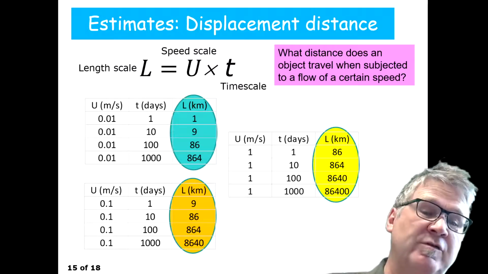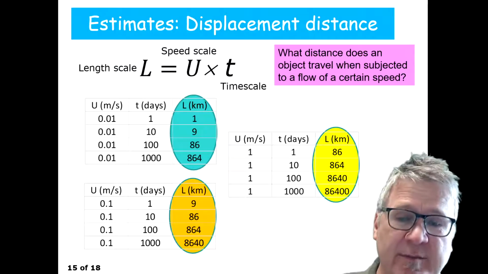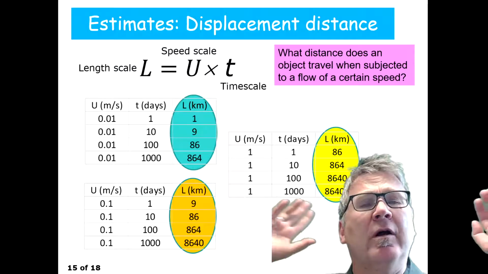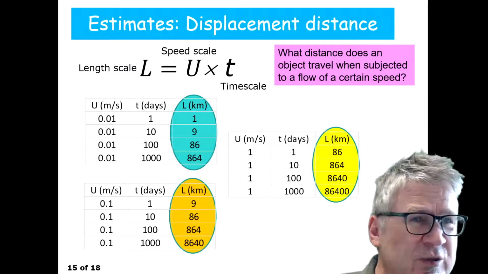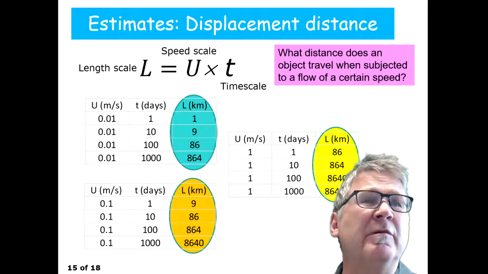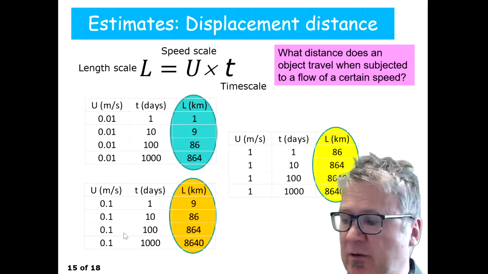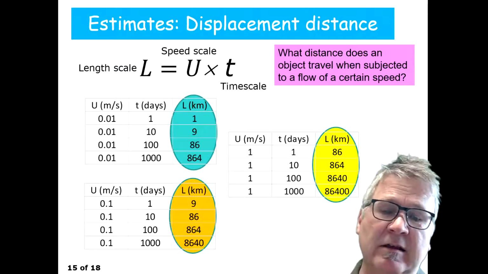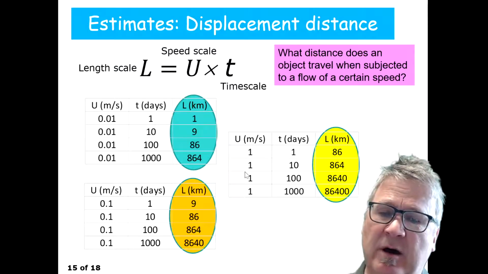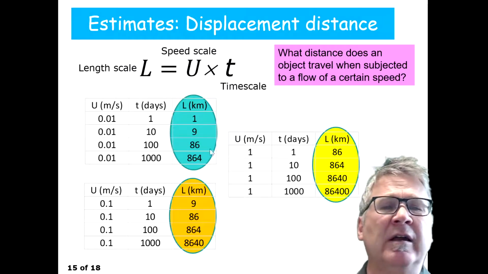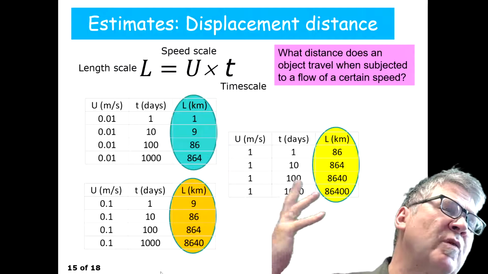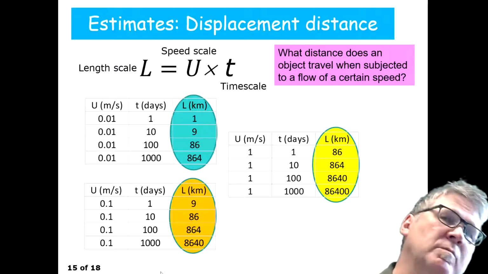Okay, now you can use this to play around a little. You can estimate. So think about, you are in the middle of the Pacific Ocean, and you are in a region where you have surface currents of maybe 10 centimeters per second. So the table here in the lower left part is the relevant table, 10 centimeters per second. And you're in the middle of there, and you actually want to be back home.